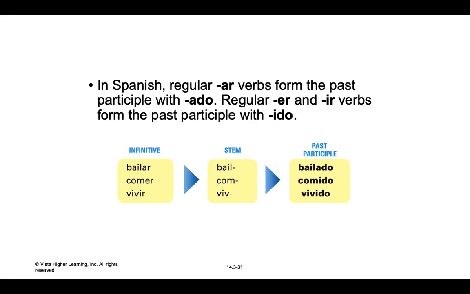The regular form of the past participle of the verb in Spanish, you're going to add ado, ido. Bailar, bailado. Comer, comido. Vivir, vivido.